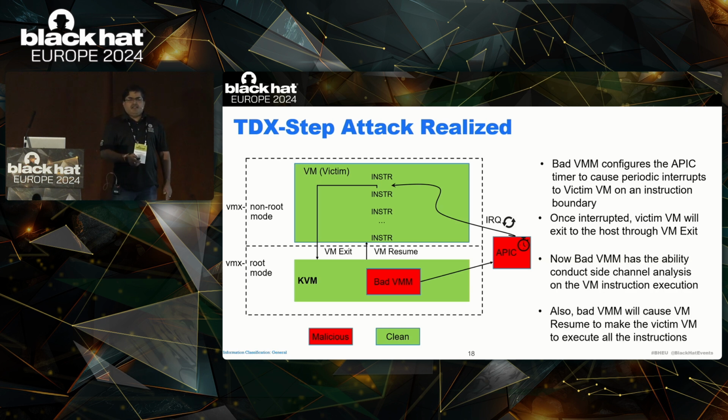Not only that, the VMM will also be able to do some microarchitectural analysis as part of that, and in turn it will cause the VM resume to make the VM continue the execution of all the instructions until they are exhausted. That way, it has full control over the execution of the VM.